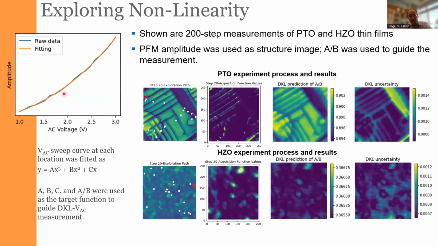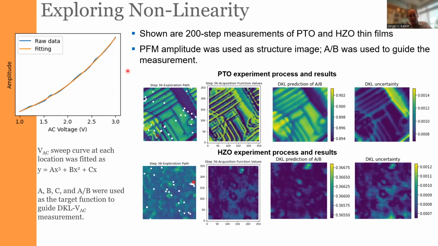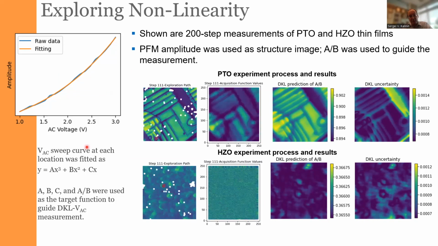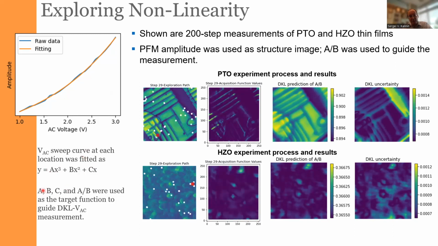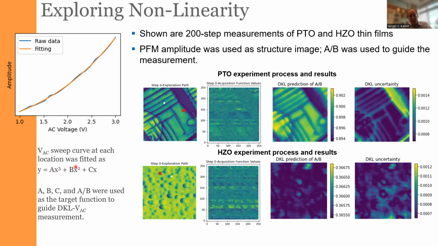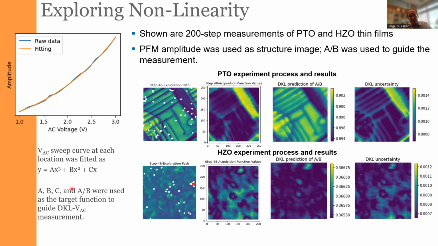The way we can run the automated experiment is we take the measurement at one location, we fit it by the cubic curve, and then we can run an automated experiment where we try to find all the regions where we maximize A, so make it as non-linear as possible. We can run the experiments where we maximize B, or we can run the experiments where we maximize the ratio of A to B.